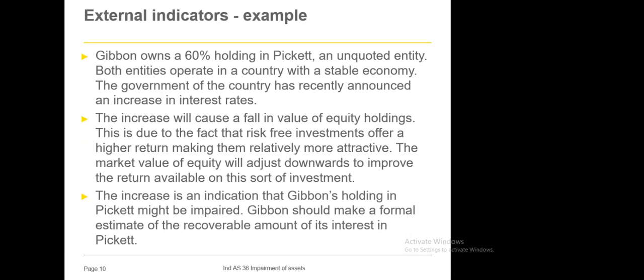This is due to the fact that interest-free investments offer a higher return, making them relatively more attractive. The market value of equity will adjust downwards to improve the return available on this sort of investment. So here it says the increase is an indication that Gibbon's holding in Pickett might be impaired. Gibbon should make a formal estimate of the recoverable amount of this interest in Pickett.